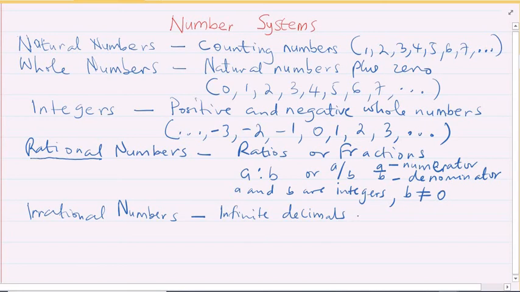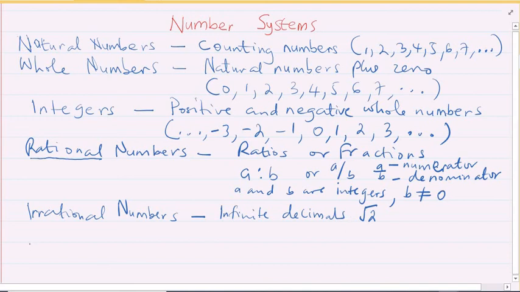You cannot express irrational numbers as ratios or fractions. They are infinite decimals. Example, √2.